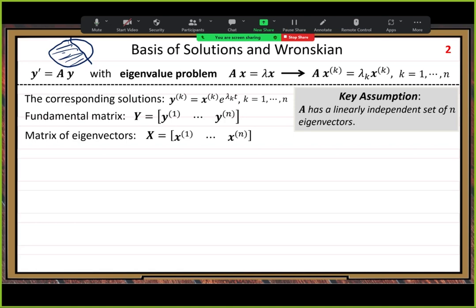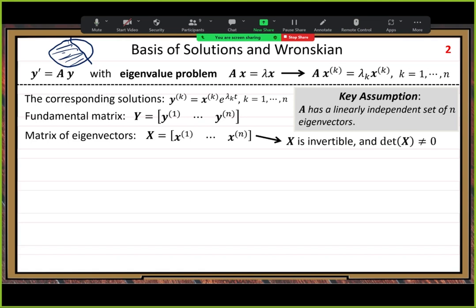Now, based on the assumption, we know these n vectors are linearly independent. Then what can we say about this X matrix? A matrix containing n linearly independent vectors. So here we review linear algebra.